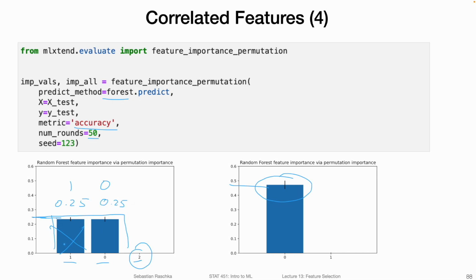And if I get rid of this one, we will find that we get almost twice the performance. The reason is that these 2 features are equally important, right? They share the permutation importance because the random forest could pick either this one or this one for splitting the nodes and would get exactly the same results because they are perfectly correlated.